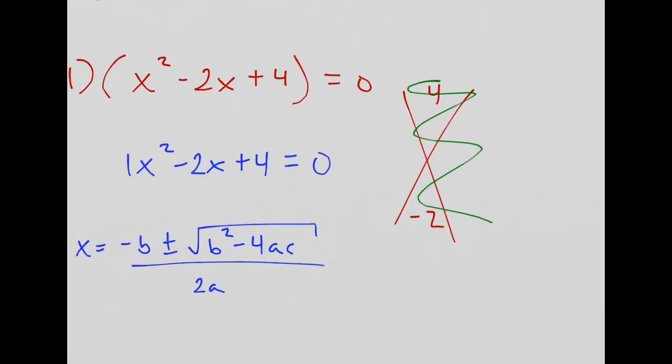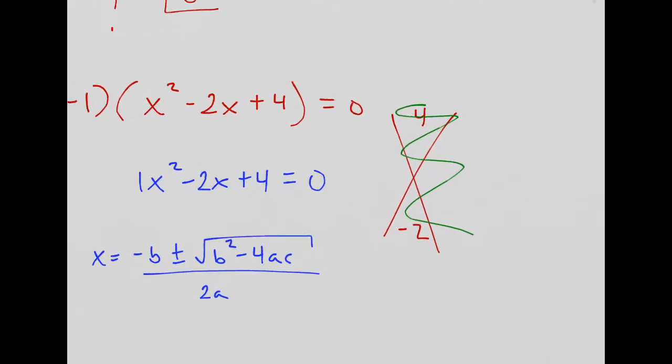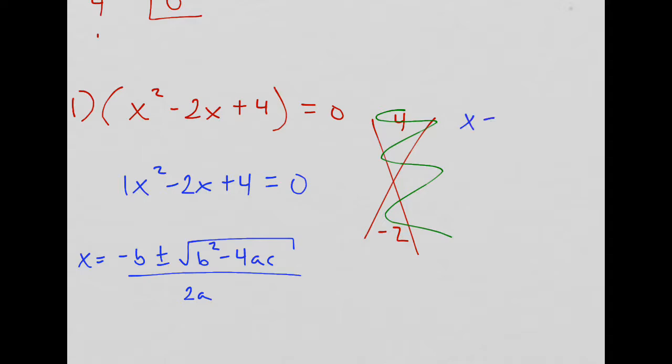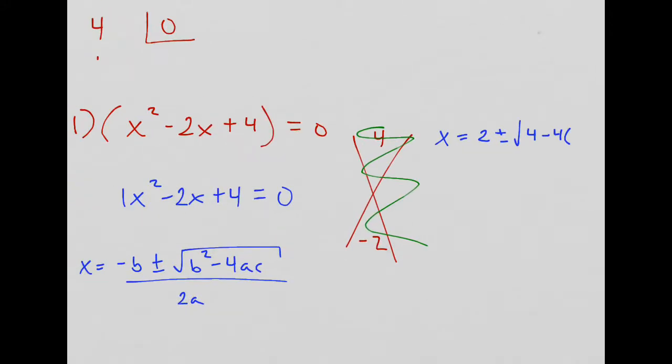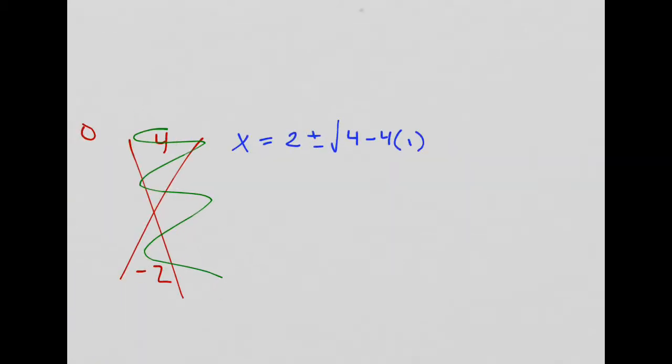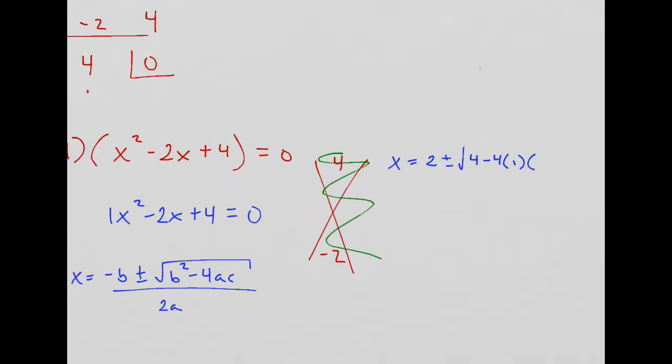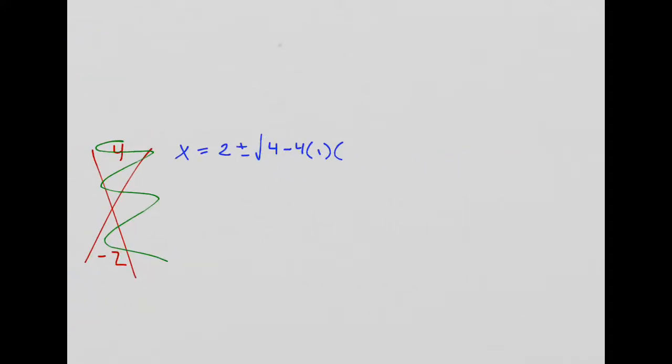So then what happens? What happens here? Well, I'm just going to use that. So x equals negative b, well, it's already negative 2, so I make it positive 2, plus or minus the square root of b squared, negative 2 squared is 4, minus 4 times a is 1, and then c is 4, right?